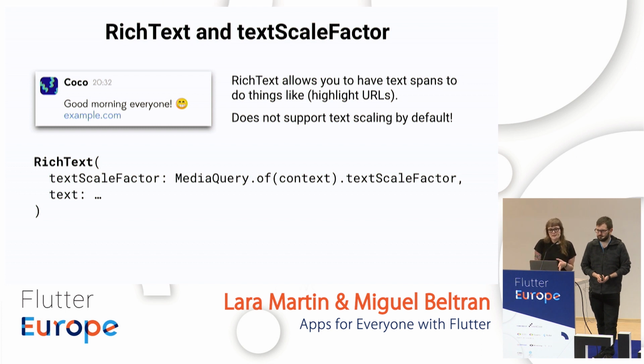But the Text widget will read the textScaleFactor. And so the thing is that if you're using RichText, you basically have to pass the textScaleFactor from the MediaQuery by yourself. Like, I think we do it on the text, in the snippet.